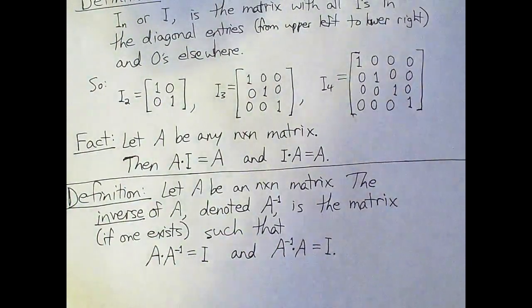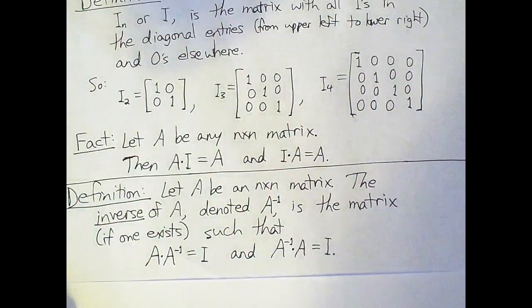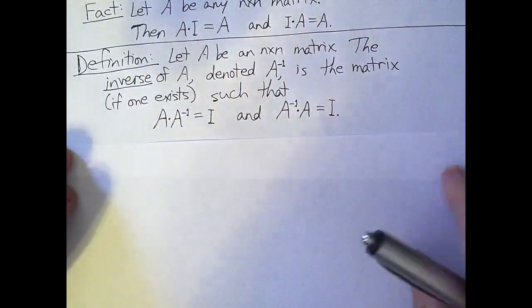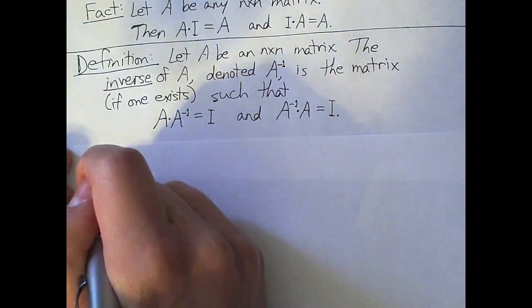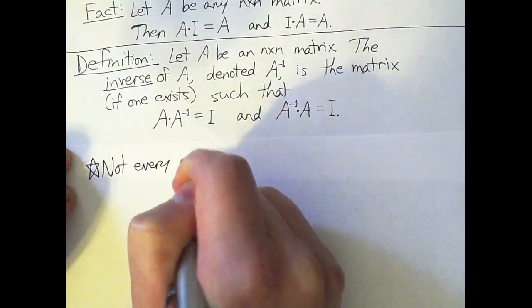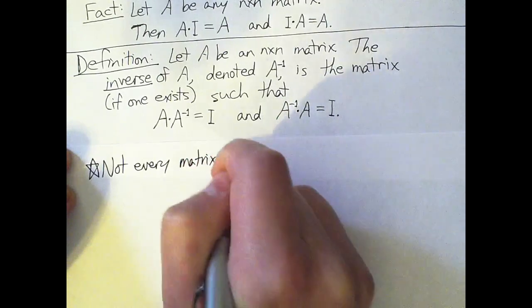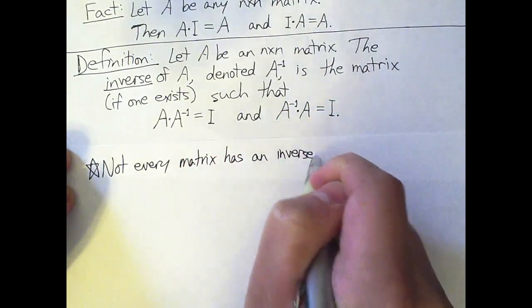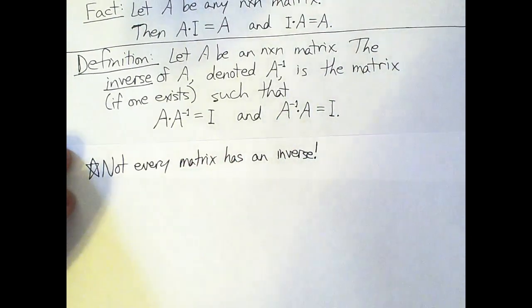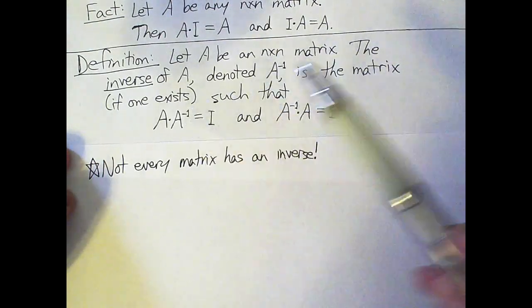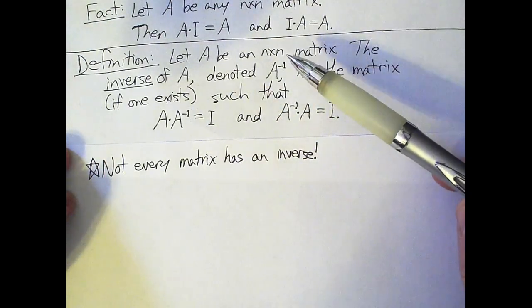Now, in parentheses, it says if one exists. So let's talk about this. A couple of things I want to say right away is that not every matrix has an inverse. Another thing, I'm just going to point something out: this definition is only for square matrices.